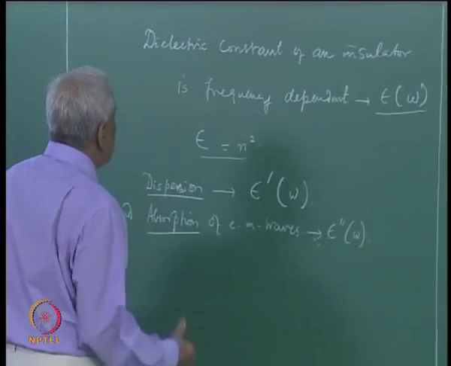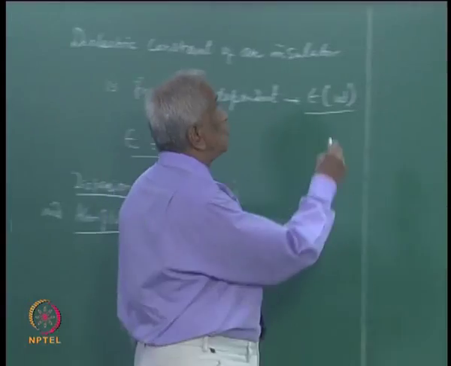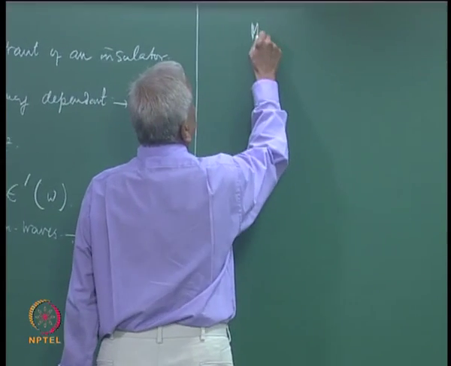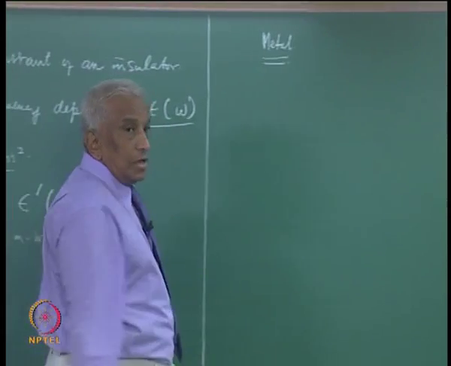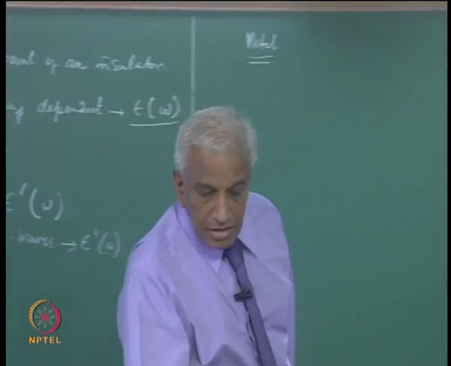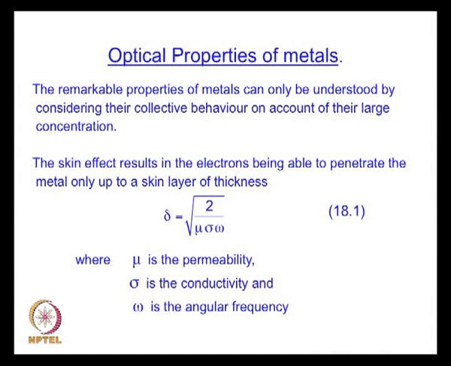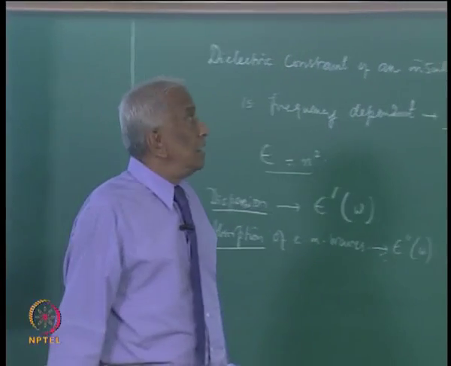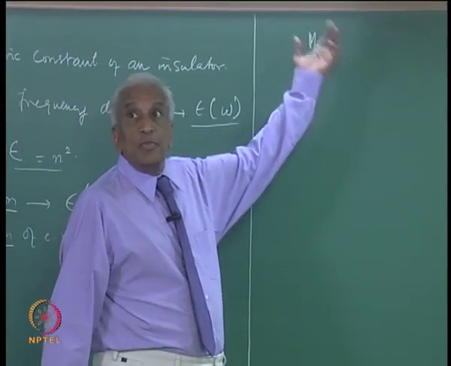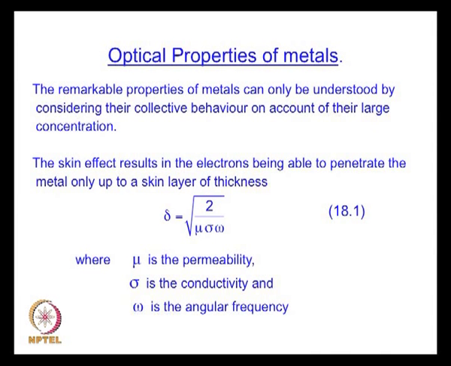Just by way of digression, we will revert back to the case of a metal, which we have been discussing in some detail earlier, and we want to see how this dispersive and absorptive nature is reflected in the properties of metals. Metals, as you know, are highly conducting media.